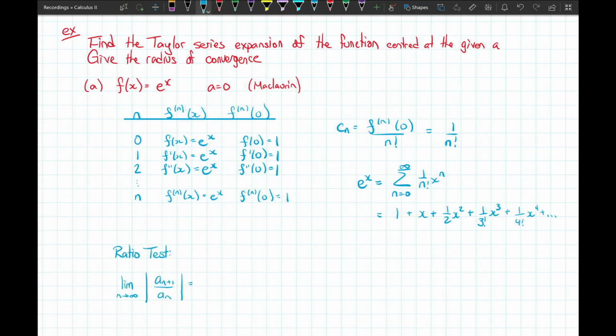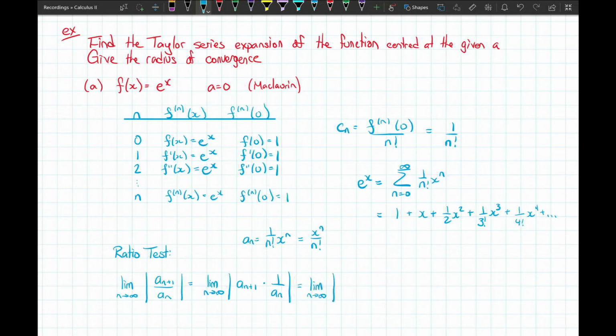To set up the ratio test, we're going to be taking the limit as n goes to infinity of the absolute value of the ratio a_(n+1) over a_n. Now here, a_n is 1 over n factorial x to the n, or we could rewrite that as x to the n over n factorial. And because that's a fraction, it may be a little better to write the ratio test using a_(n+1) times the reciprocal, 1 over a_n.